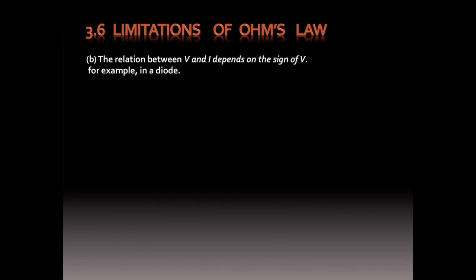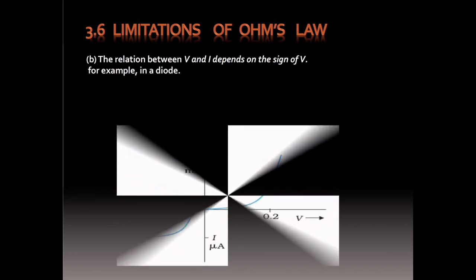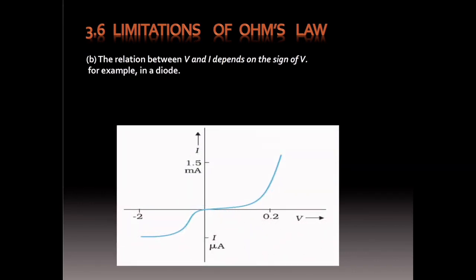See, in semiconductor devices, we have different values of V and different values of I. So diodes and transistors also do not obey Ohm's law.